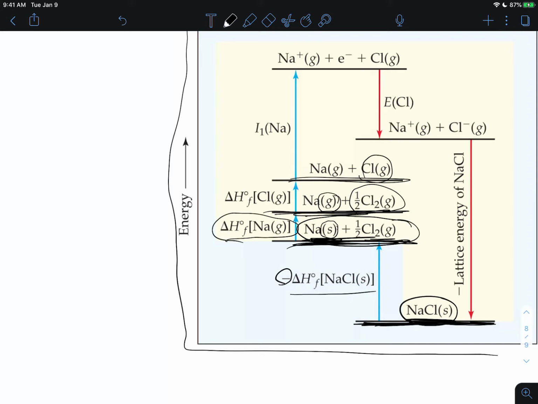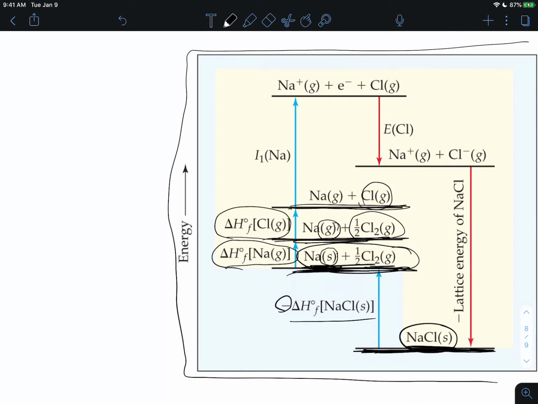This is our dissociation energy, which can also be the formation of the chlorine gas. Then going to the highest tier, we have our sodium gas going to a sodium ion. That's our first ionization energy, and in that process we produce an electron. Then that electron is taken in by the chlorine in an exothermic process, which is our electron affinity.